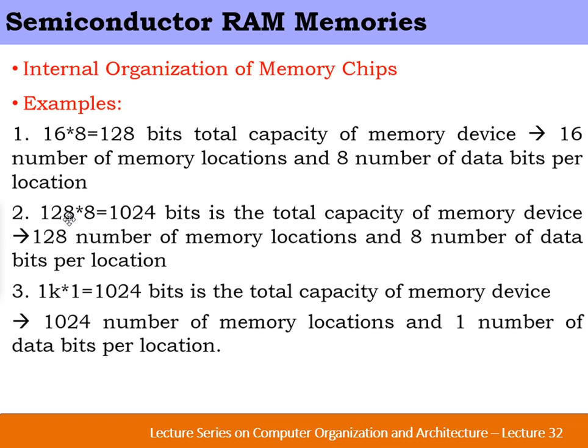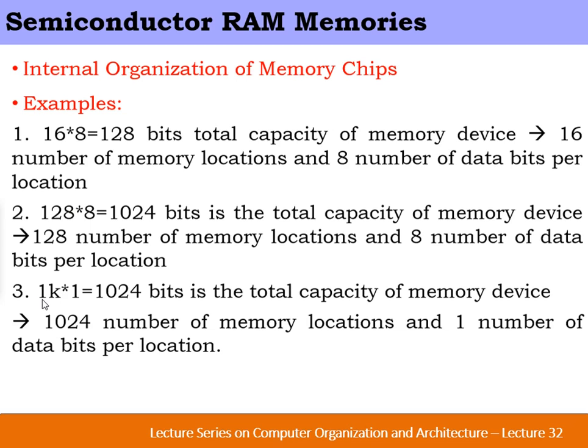So if every location stores 8 bits and there are 128 memory locations, together it comes to 1024 bits. This will be the total size or capacity of the memory, that many bits you can store in that memory.